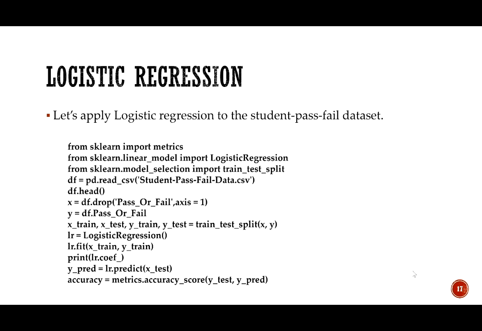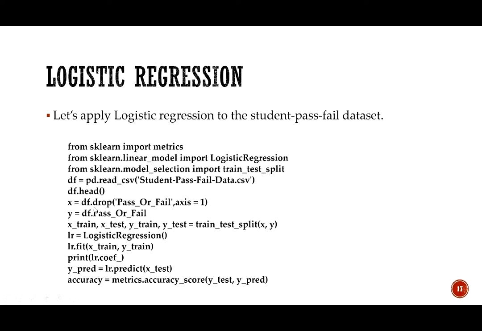Now, if we want to apply logistic regression to this data set, it's a CSV file. So first we need to upload it to the notebook, and then we can use the read_csv method and create a data frame. As you can see here, after we create the data frame using the pandas library, if you use the head method, you can see the first 5 observations in your data set.